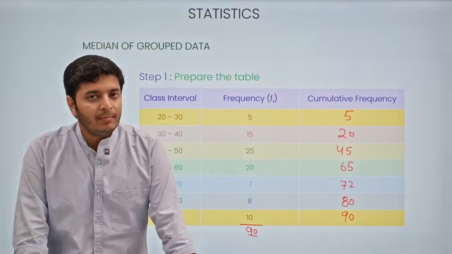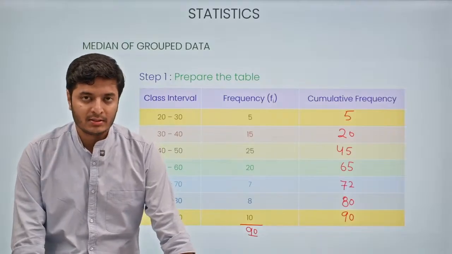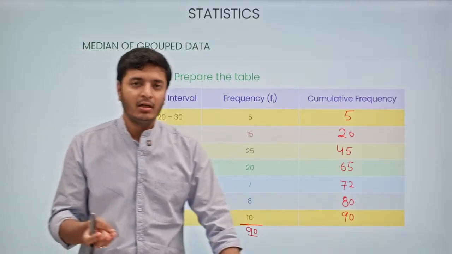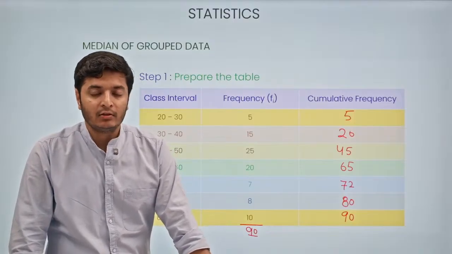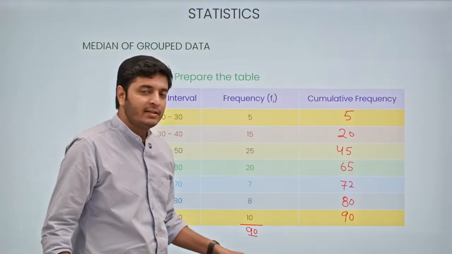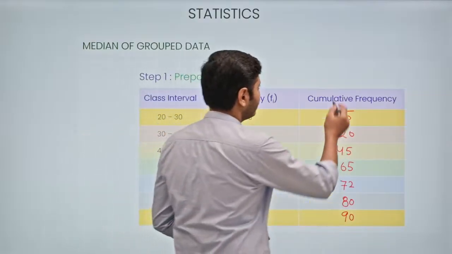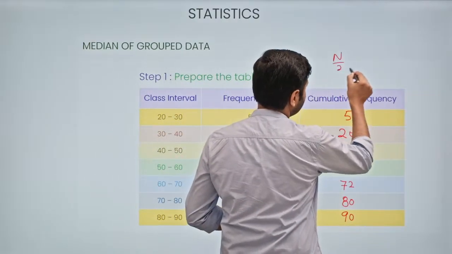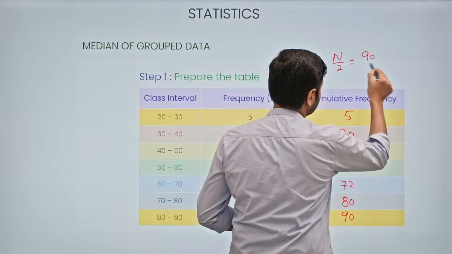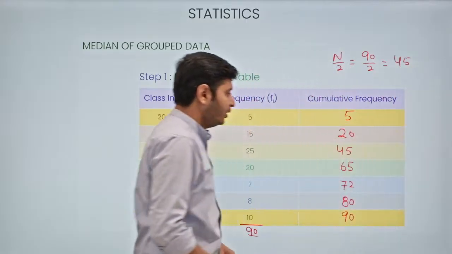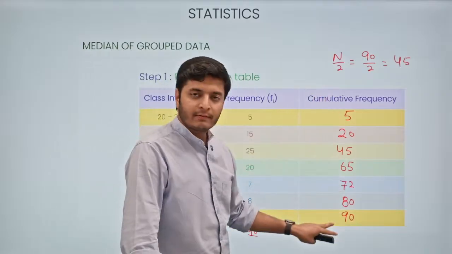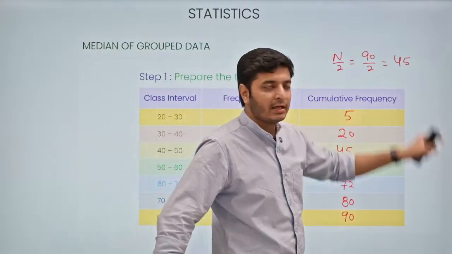So to find the median, how many things do we need? L we need, then n by 2 we need. And how do we find the value of L? First we need to find n by 2. Okay, let's do this. N by 2 means 90 by 2, that is 45. Is there any cumulative frequency which matches our n by 2 value?